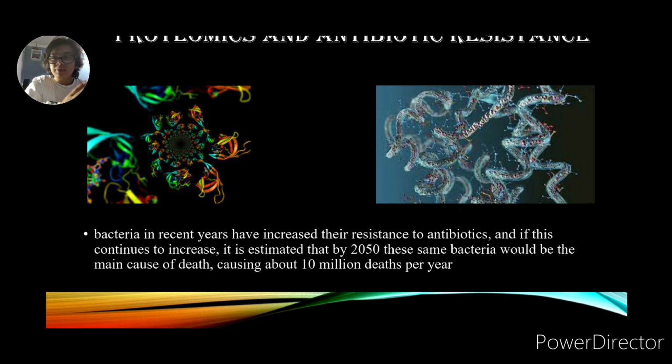So today efforts are being made to make bacteria more sensitive to antibiotics, in order to understand with the proteome of bacteria how resistance is generated and make antibiotics more effective.